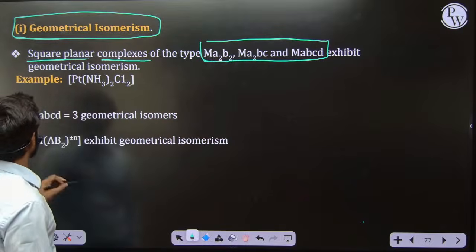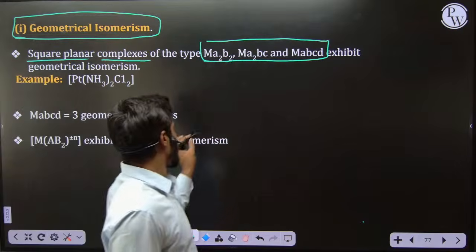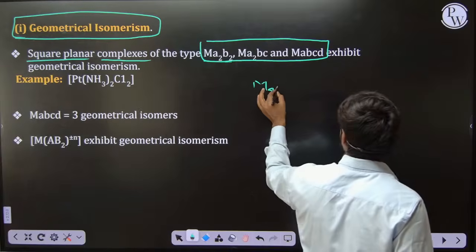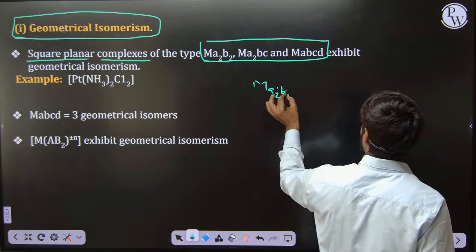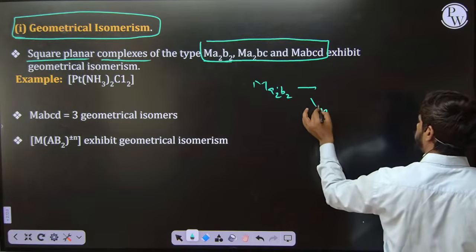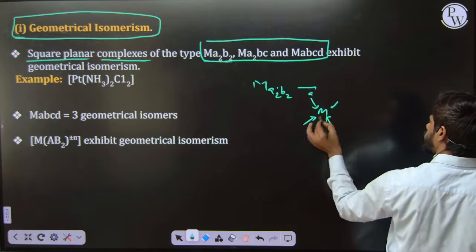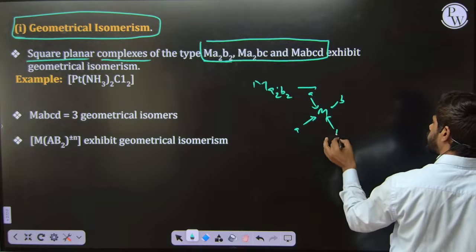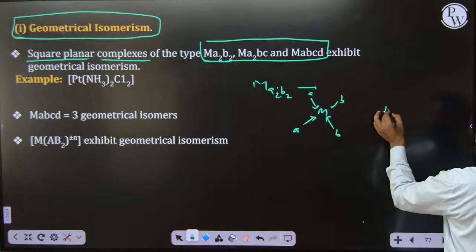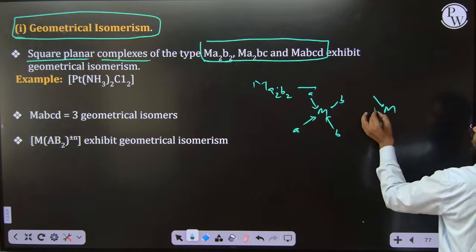So in case of A2 B2, the M metal is connected with 4 ligands, that is AA and BB. So it can show cis type and trans type.